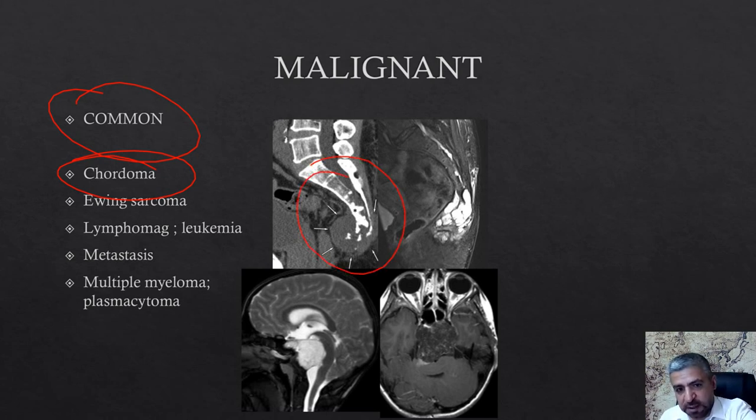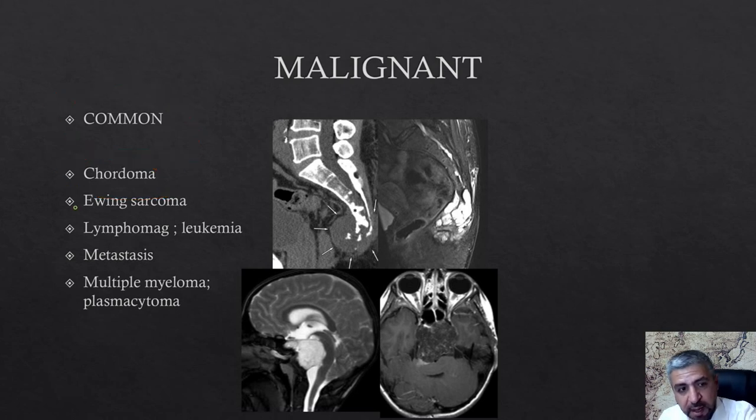You can see in the CT scan is destructive, it's malignant. Okay, and you can see in the MRI also in the sacrococcygeal region, and the second typical location at the clivus. So you can see also in the clivus. So chordoma usually happens in two typical locations. This is the clivus and the sacrococcygeal spine, and it's one of the common malignant lesions of the spine.